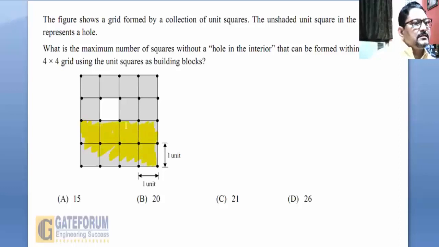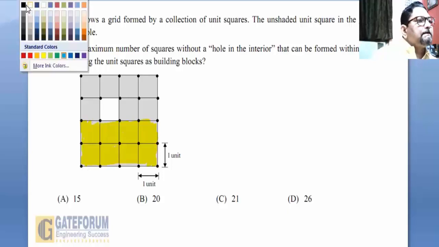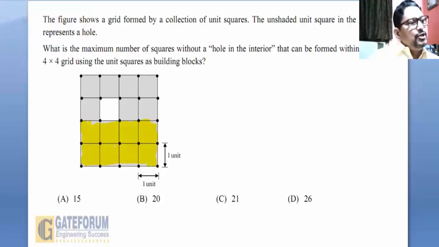The artistic thing might not be exact, but I hope the understanding can be made from here. Let us do this. Now, you will agree that this is a 2 into 4 grid. So in this yellow one, let us find out how many squares can be present.